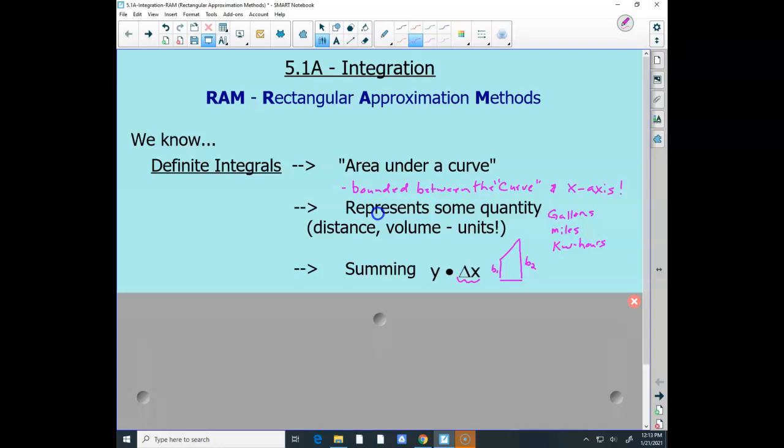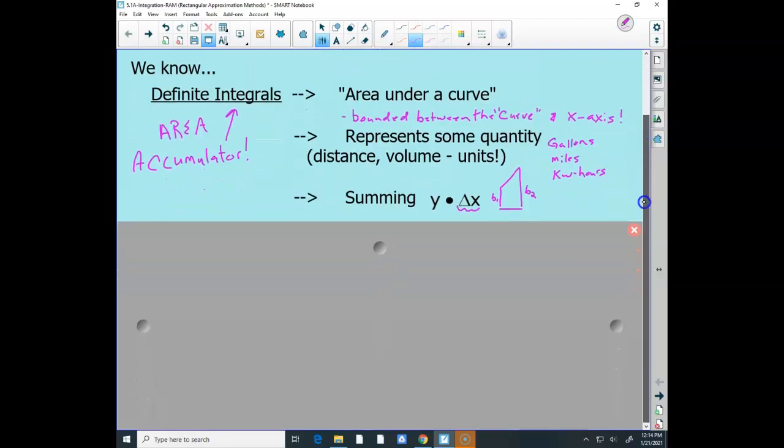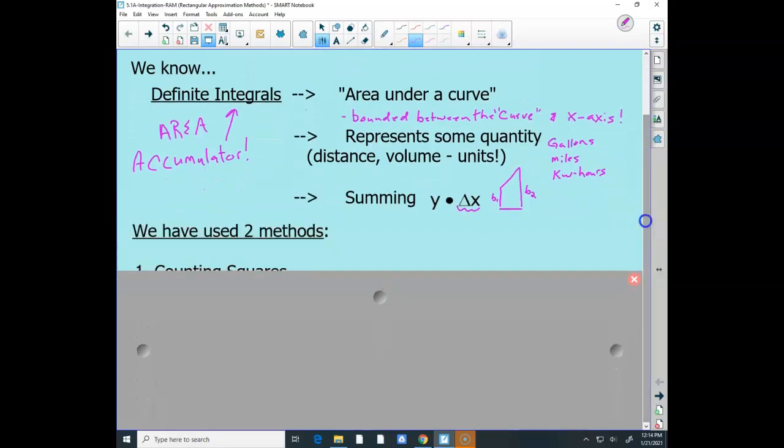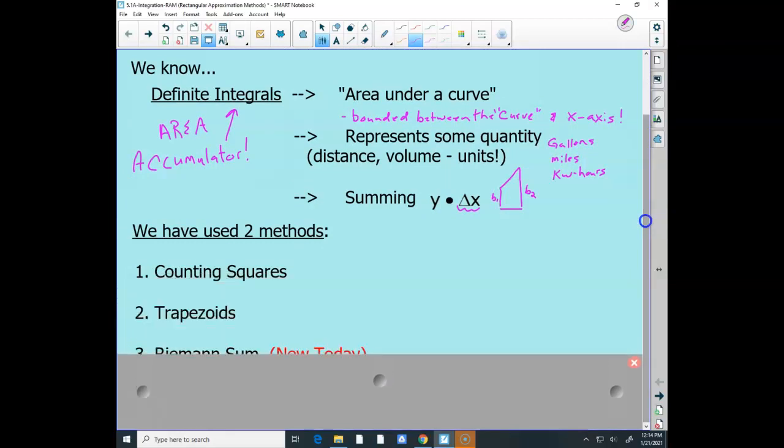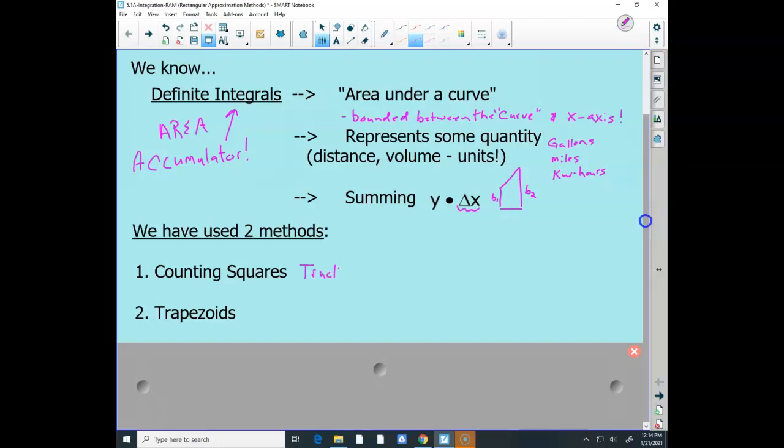So in the end, a definite integral, please remember, is an area accumulator. That's what a definite integral is. It's an area accumulator. Now, we have done our area accumulating with two different methods. Okay? The 2 methods we've used so far. Well, we counted squares. We did that yesterday on the truck problem.